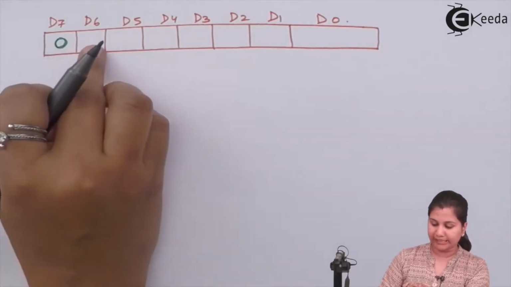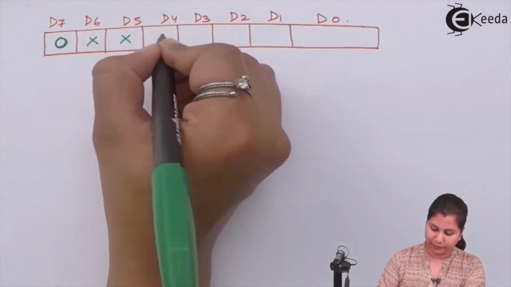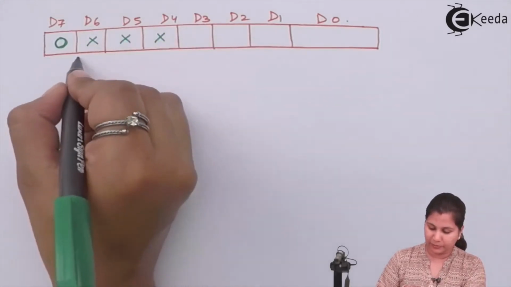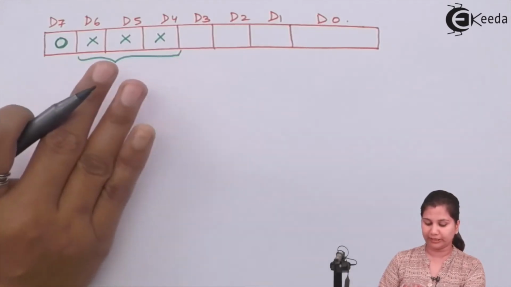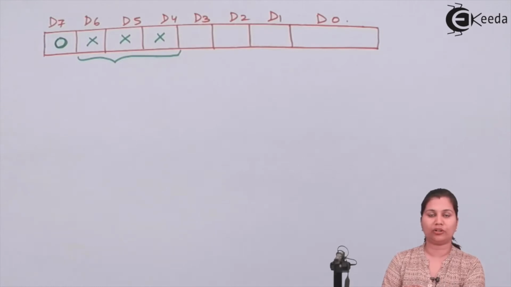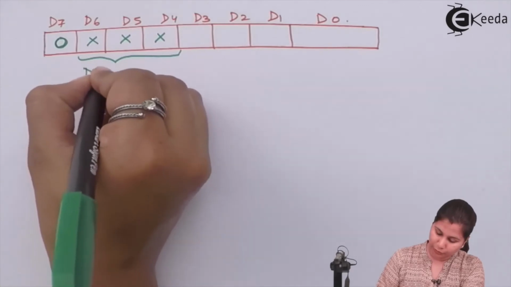Now let's come to D6, D5 and D4. These are the don't care bits. These bits are not generally used in the control word, so the value can either be 0 or 1, and usually they are reset, that is their value is equal to 0.